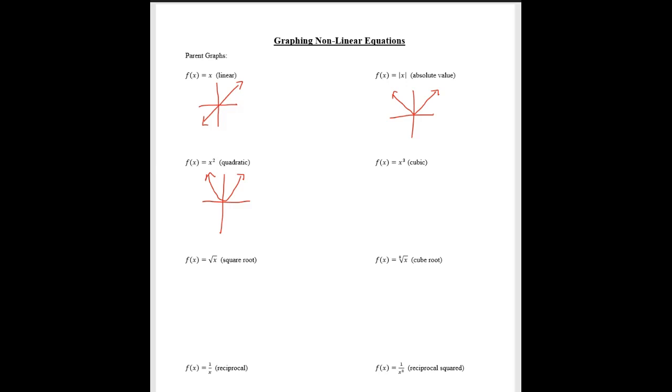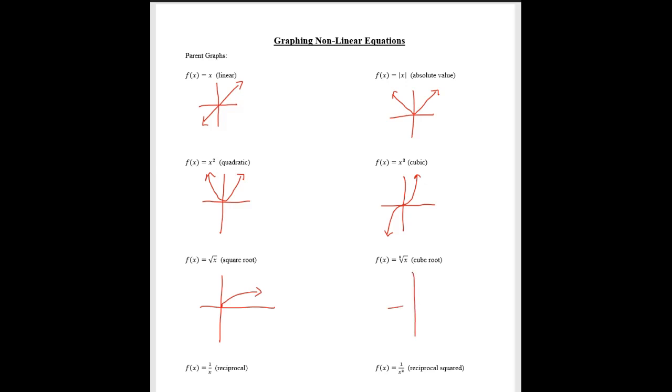Next we have a cubic function, x cubed. So like the parabola, one side will have a curved up shape, but the other side will have a curved down shape. And now that is a cubic function. A square root function will have kind of half of a parabola turned on its side. So it looks kind of like a parabola, but only half of it.